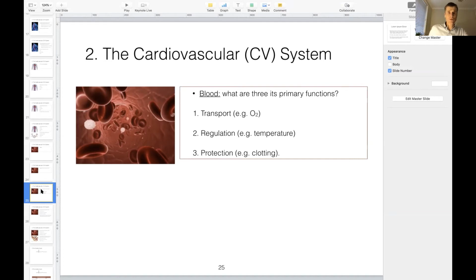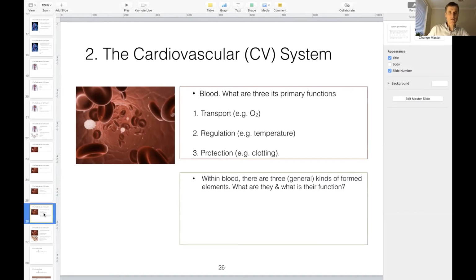It helps to regulate, among other things, the temperature, and helps to protect, for example, via a clotting mechanism. I won't go into the clotting mechanism in detail. These are three essential functions of blood.